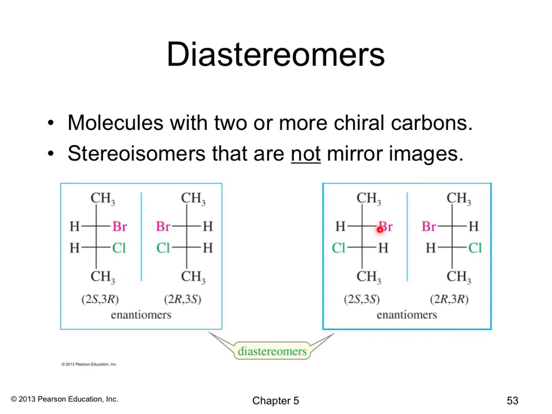You can then put the bromine and the chlorine on different sides, and if you do a mirror image of those, they are enantiomers. However, the relationship between this set of molecules and that set of molecules is that they are diastereomers, because they are not mirror images, but they are non-superimposable.